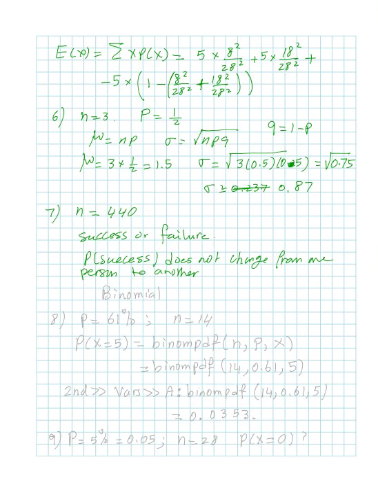And the third condition, that the probability of success does not change from one person to another. And since all those people are different people, that will not change. So this is a binomial experiment.